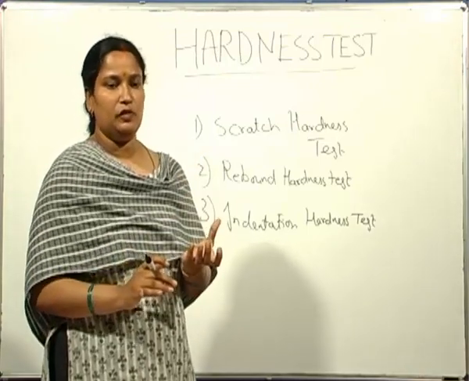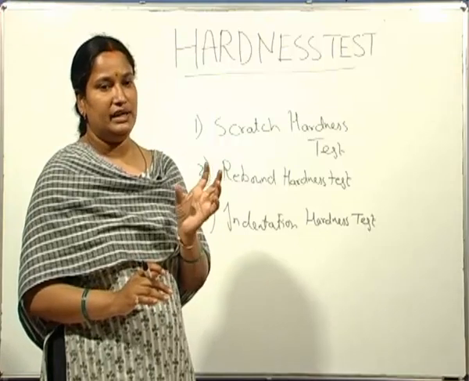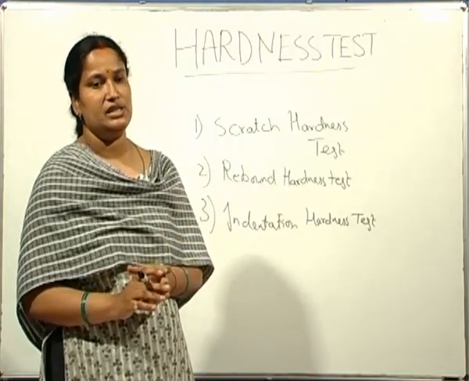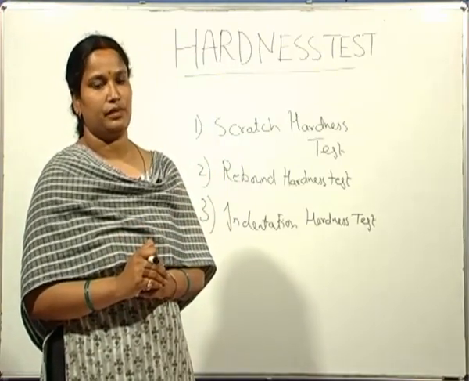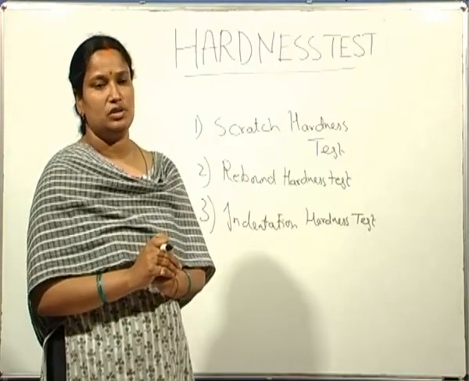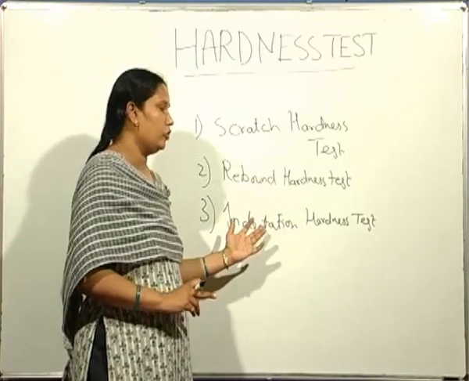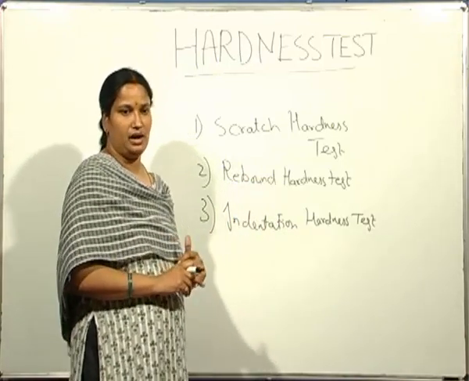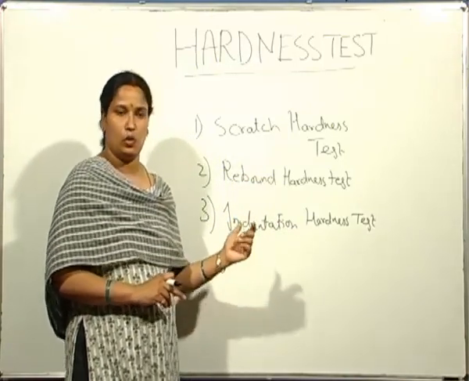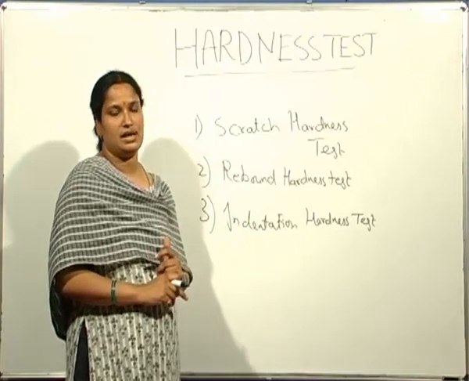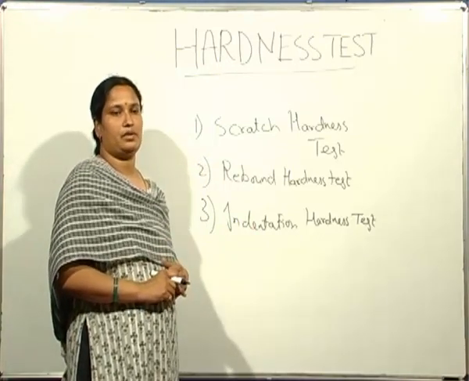The depth of the indentation or the dimensions of the indentations is measured, and that corresponds to the hardness. Various examples of indentation hardness tests are Brinell hardness, Rockwell hardness, Vickers hardness, etc.